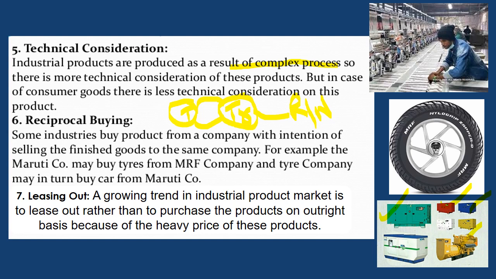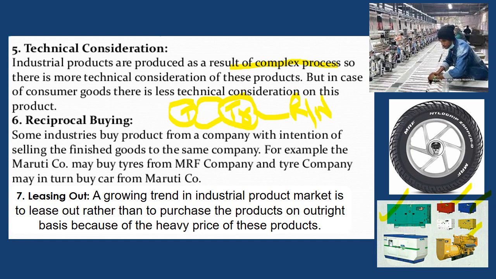When these tires have been manufactured by MRF, later on you see these MRF tires being used by several cars, several trucks and several other vehicles. Now, these are the vehicles, for example trucks, which help to get the raw materials for this MRF company.